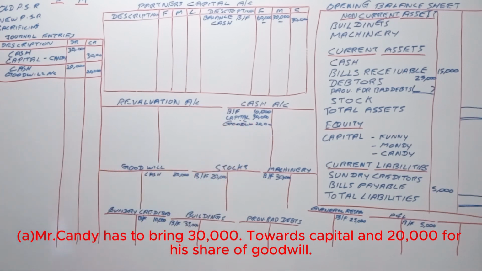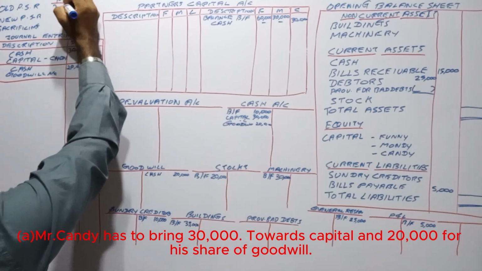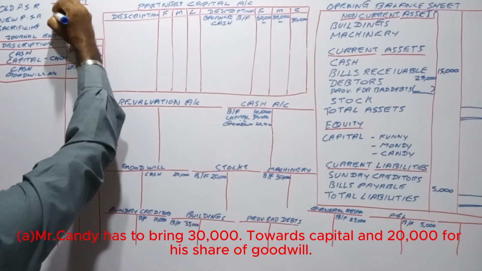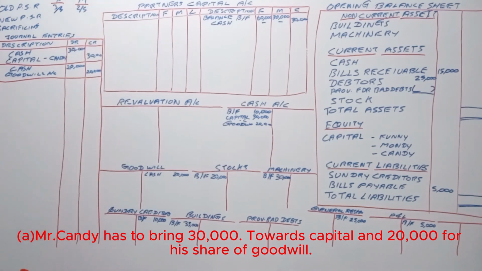Again, we have to calculate the distribution of goodwill. To do that, we have to see the profit sharing ratio. The old profit sharing ratio is 3 is to 2, that is 3 by 5 and 2 by 5.